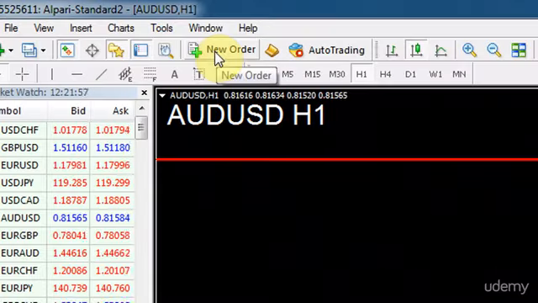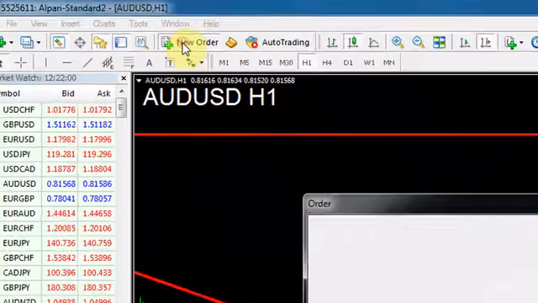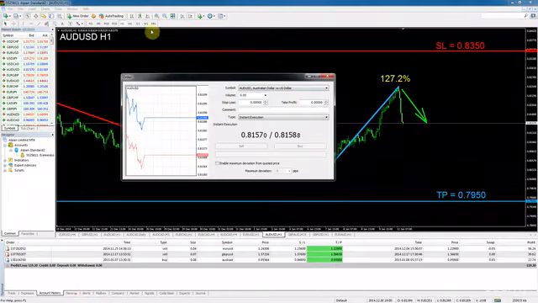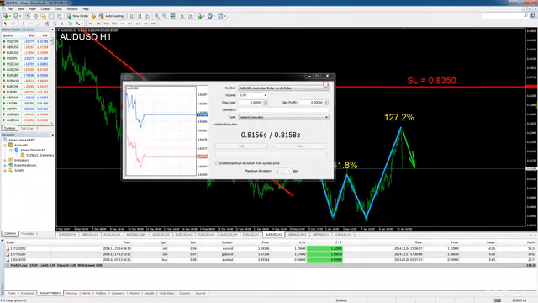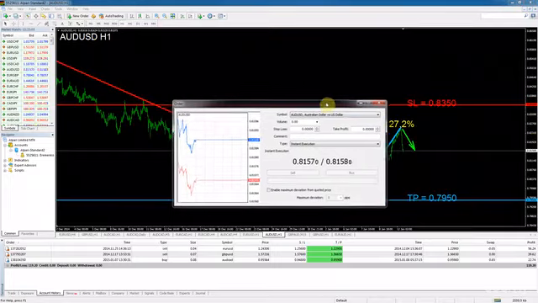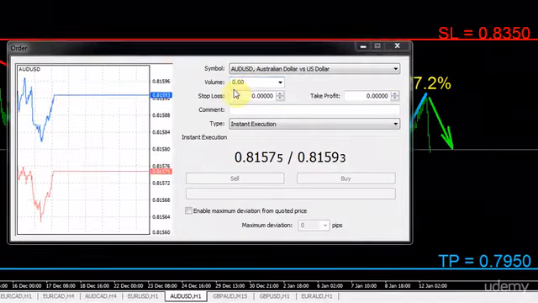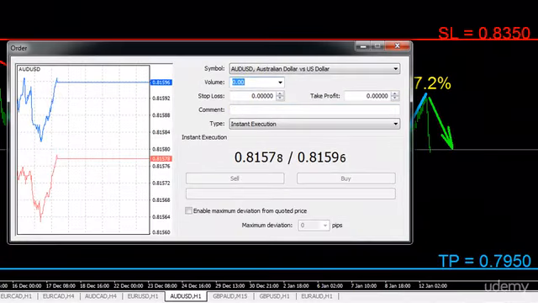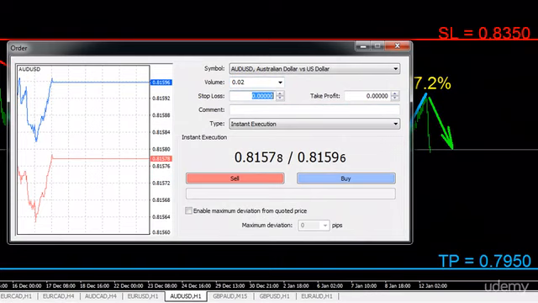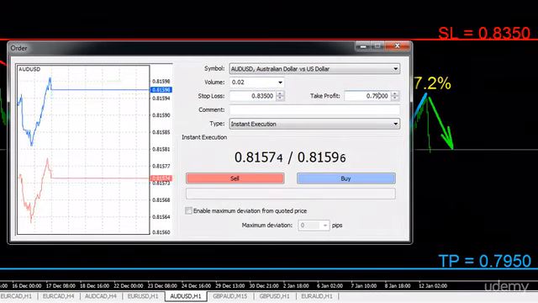So now I'm going to click the new order button up at the top here. This will bring up the new order screen. I'll just zoom out a bit so we can see everything at the same time. Alright, so our lots are 0.02, stop loss is 0.8350, take profit is 0.7950.